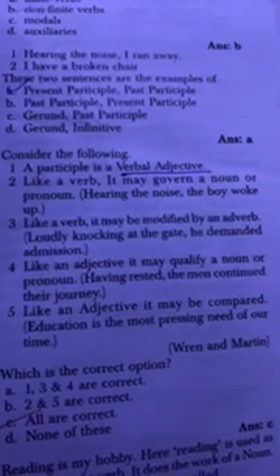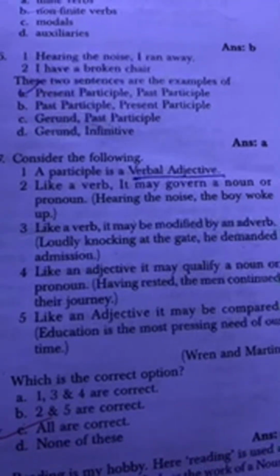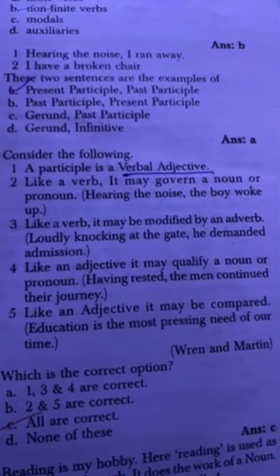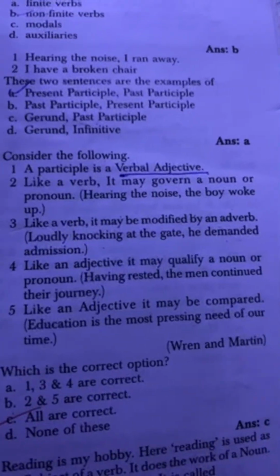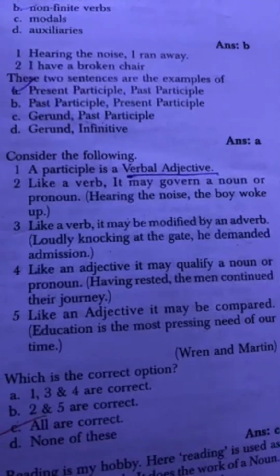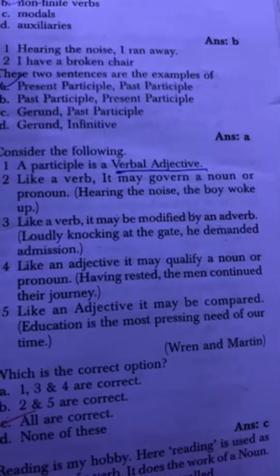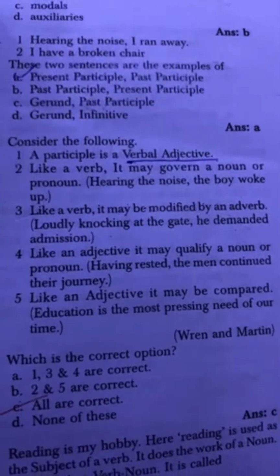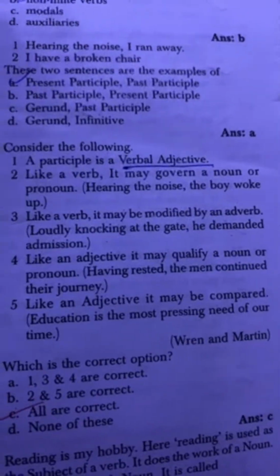Like a verb, it may govern a noun or pronoun, like hearing the noise, the boys woke up. Like a verb, it may be modified by an adverb: loudly knocking at the gate, he demanded admission.